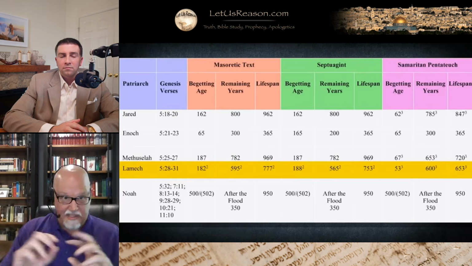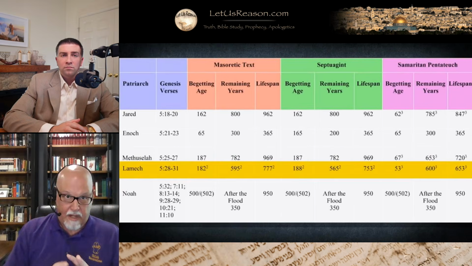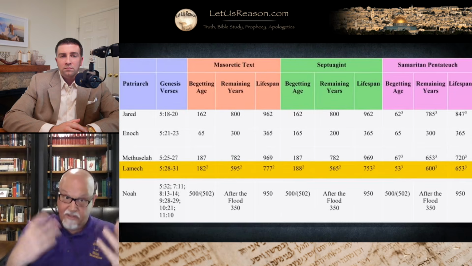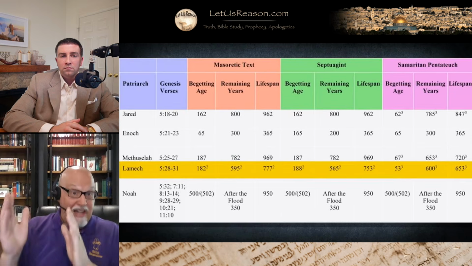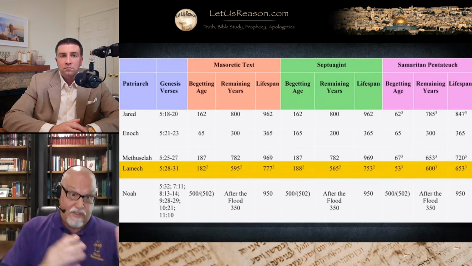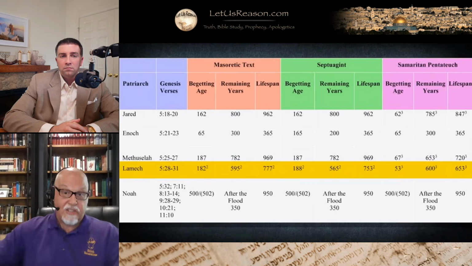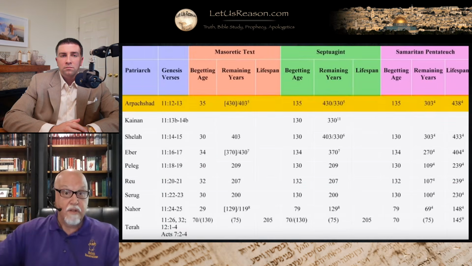So whoever changed it didn't want to have to tinker around with the flood chronology, so they left the numbers alone. And so, again, this is evidence of deliberate alteration. The ones they left alone is also evidence that they didn't want to fool around with the complexities of the flood narrative. So they left Noah's alone, they left Shem's alone, they left Abraham's alone. They didn't do anything with those numbers.